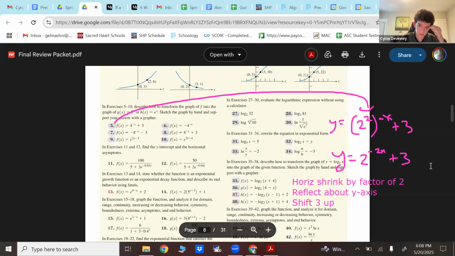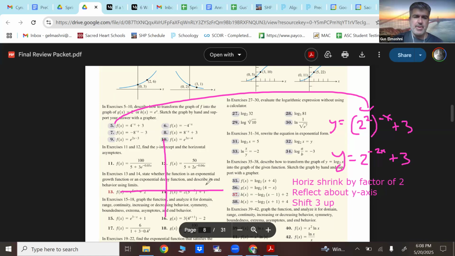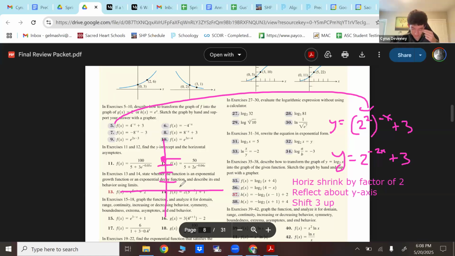So the graph, if you graph it, I mean, we'll just be kind of simple about it. If I plug in 0, I get 3. No, I get 4, actually. If I plug in 1, I'll get 3 and a 4th. Okay.